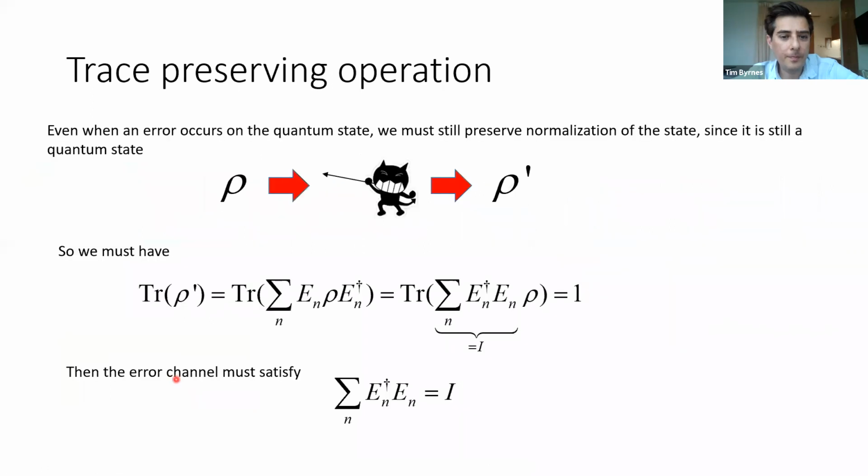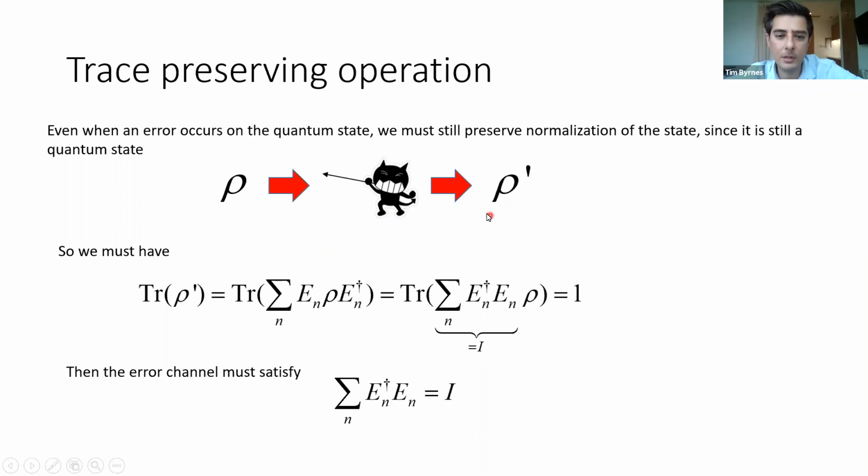And this error operator, which I'll give you a couple of examples of following now, has to follow some kind of mathematical properties. For example, after the error occurs, we should also get a density matrix.